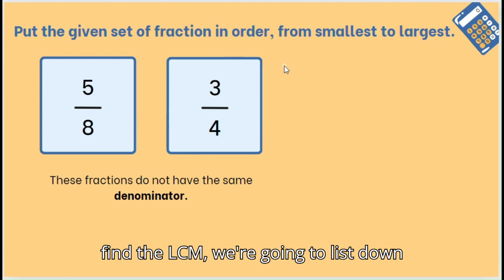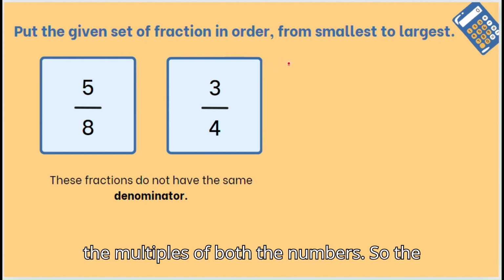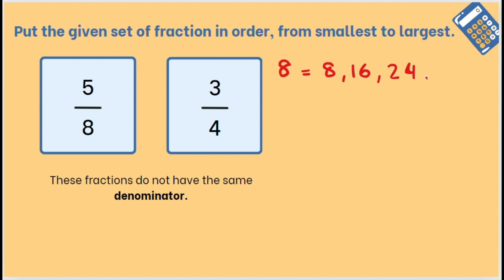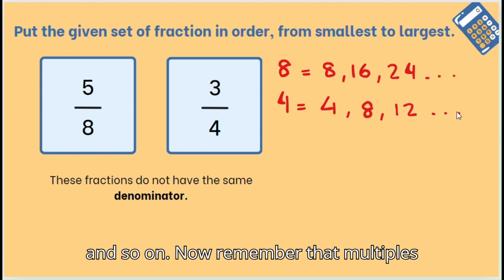To find the LCM, we are going to list down the multiples of both the numbers. The multiples of 8 are 8, 16, 24, and so on. The multiples of 4 are 4, 8, 12, and so on.